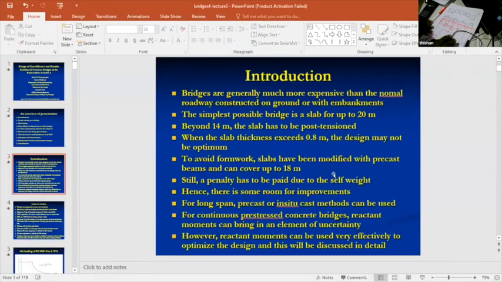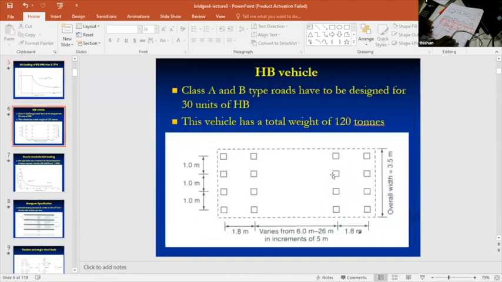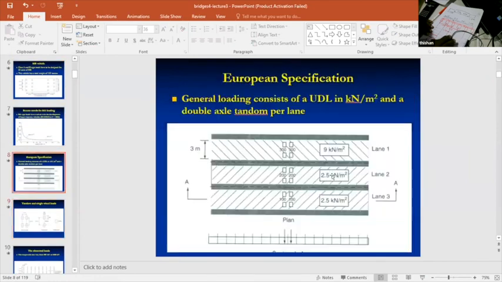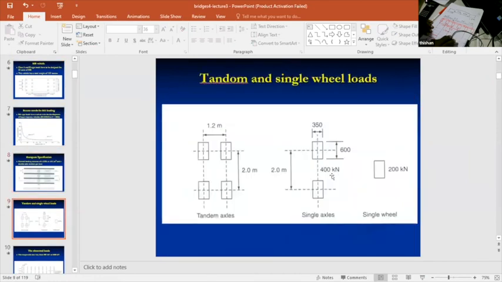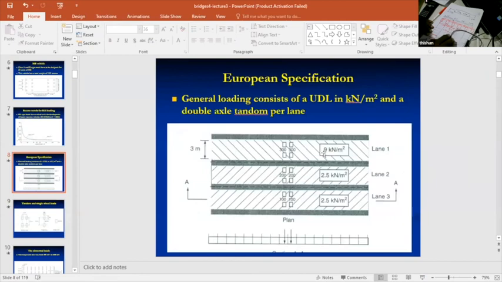Right. So when you look at the loads, you can see we can apply 9 kilonewtons per meter square load, and we have to consider this particular load that is acting, which has a magnitude of 300 kilonewtons.